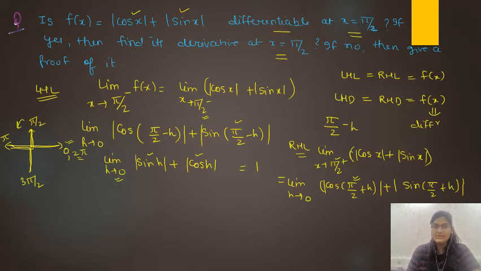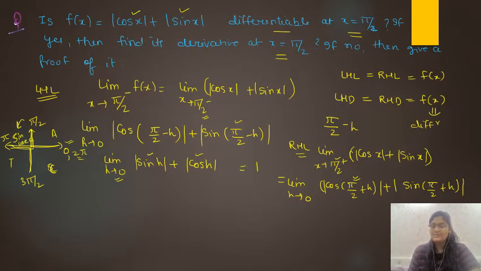So pi by 2 plus h is in the second quadrant. You can remember 'add sugar to coffee' or 'after school to college'. This is the mnemonic. So in the second quadrant, sine and its reciprocal, cosec, are positive.